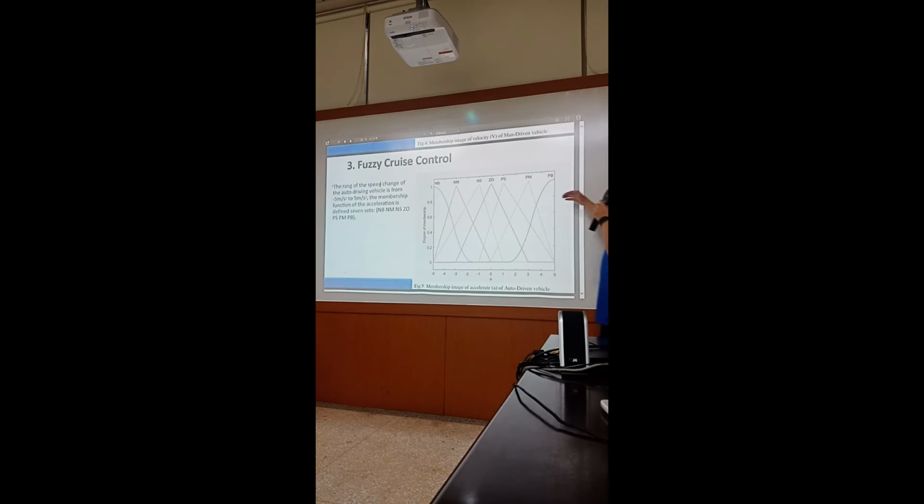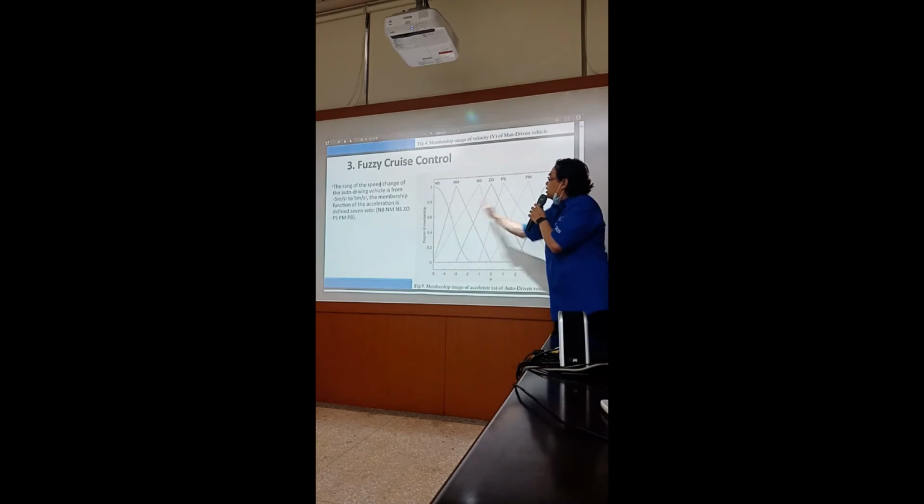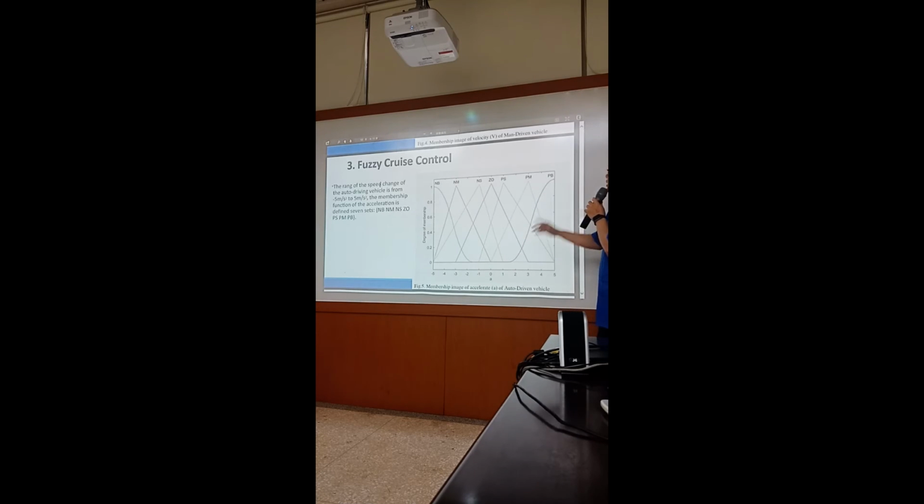They also have 2 quotient functions at the ends, and triangular in the middle, something like this. As you can see, the range is from negative 5 to 5. Negative acceleration means slow down, and positive acceleration means speed up.